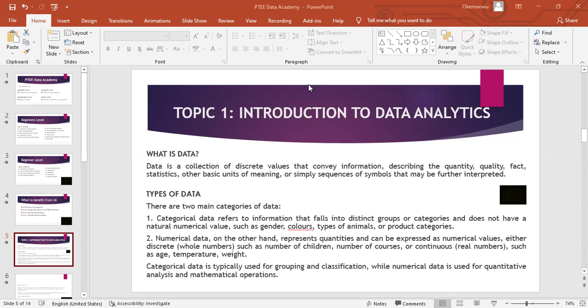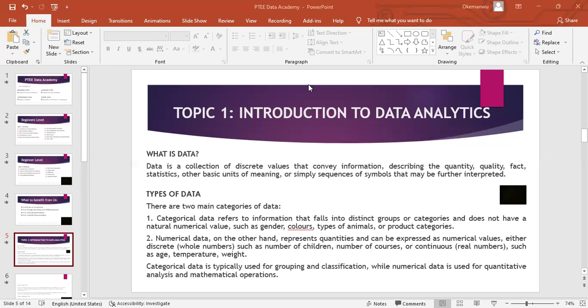Do you understand? You cannot divide gender into two. No, it is not done. All these things are mathematical operations that cannot be done on categorical data, but can be carried out on numeric data. So this is actually a basic difference between the two that you must understand. Are we together? So after this, you have to first of all understand that these two categories of data, the categorical data and the numeric data.